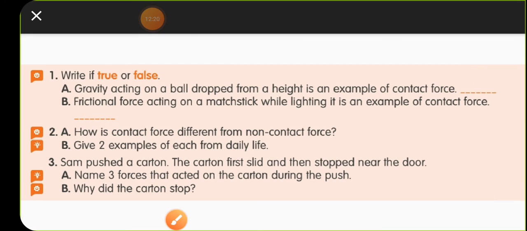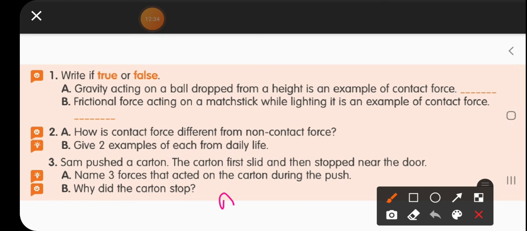Okay children, now let's see the third question. Shyam pushed a carton. The carton first slid and then stopped near the door. Name three forces that are acting on the carton. He pushed a carton, so the first one is muscular force, it is acting on a slide. That means a frictional force is also acting.